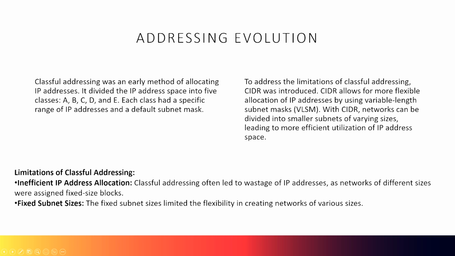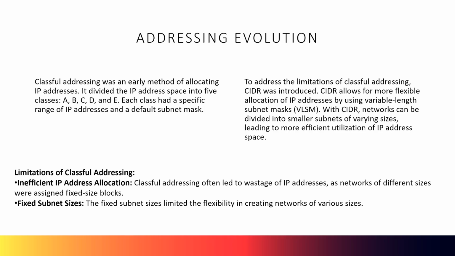Whereas classless addressing addresses the limitations of classful by introducing CIDR. CIDR allows for more flexible allocation of IP addresses by using variable length subnet masks, also known as VLSM.